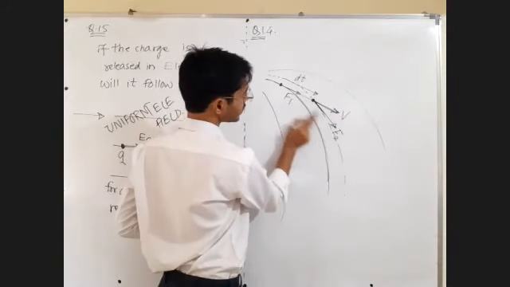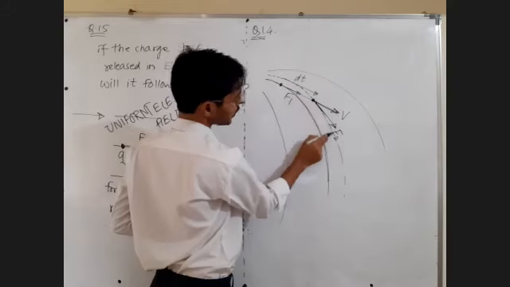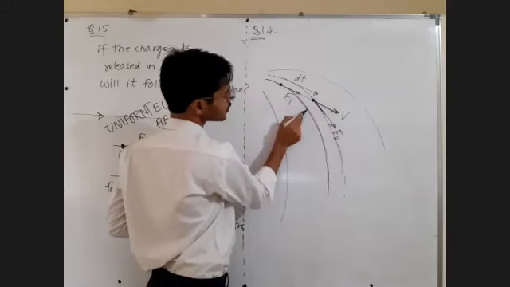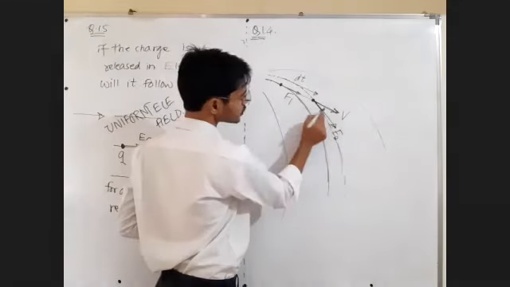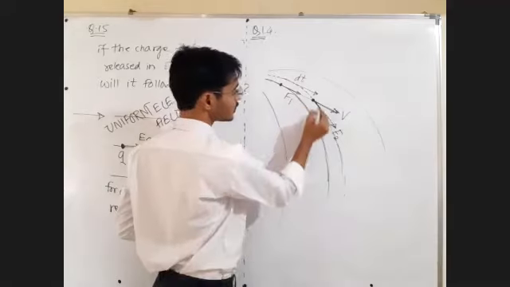This force is acting tangent to a new line of force. Initially, the force was on this line of force. Okay. Now, because of this force, the particle will change its magnitude and the direction of velocity.